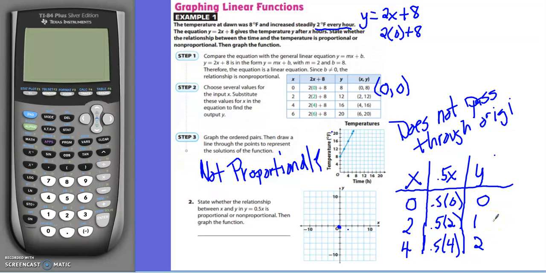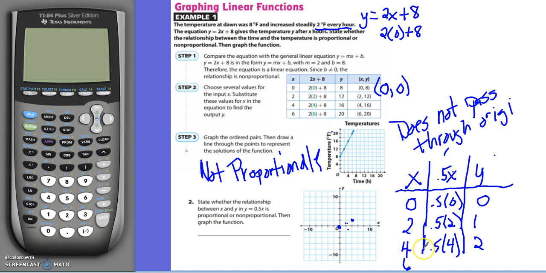So if we plot these ordered pairs, we have 2, 1, about there, and then we could go over 4, up to 2.